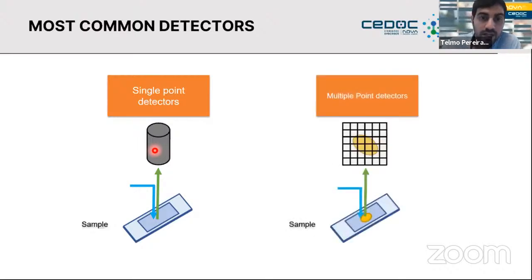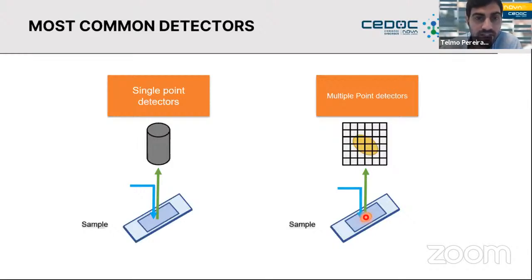Now, if we move to multiple point detectors, in this case you use a lens to project the image onto a multi-point detector. These multi-point detectors usually are an array of different detectors, and you can see almost all at once your image, depending on the magnification, of course.